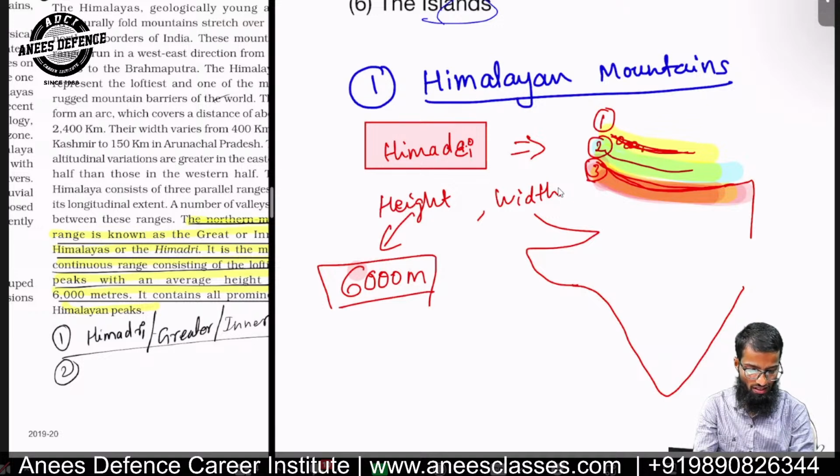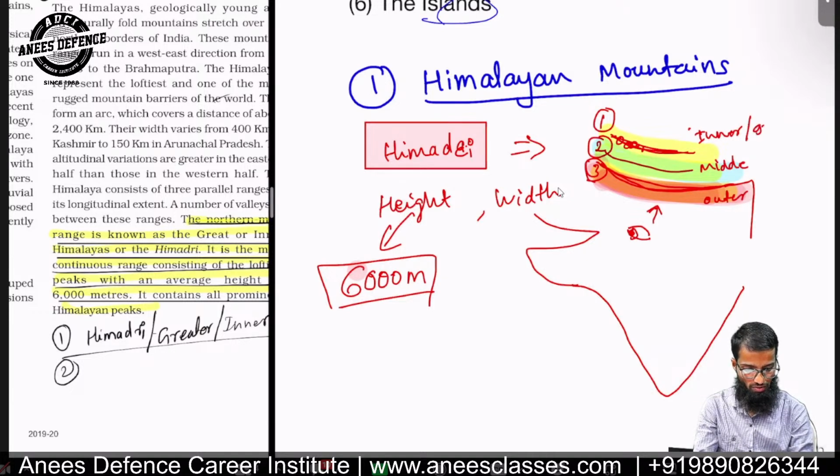Himadri is also called as inner Himalayas, okay? Because, for example, this is our eye and we are looking from here. So this is the inner to us. This is the middle. This is inner Himalayas. These are middle and these are outer. Okay.